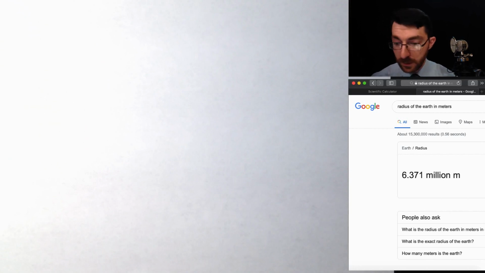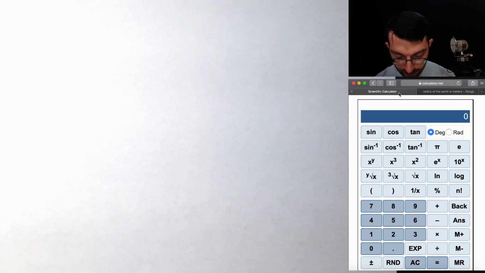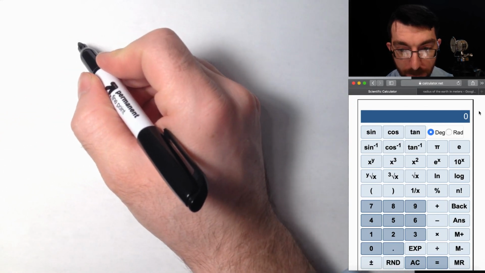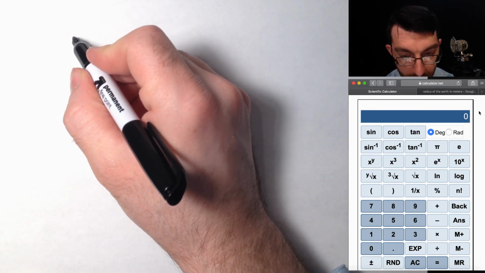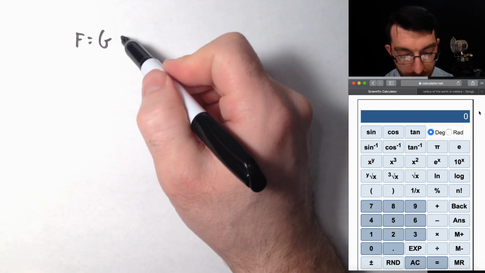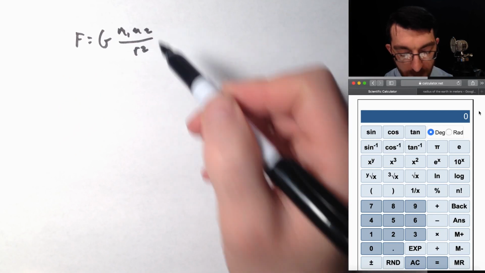All right, so starting with this equation at the top, got my calculator ready. Force equals big G m1 m2 over r squared.